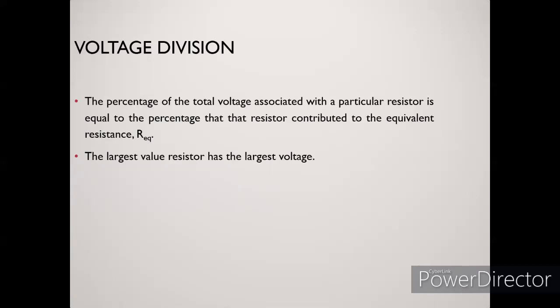Moving on. The percentage of the total voltage associated with a particular resistor is equal to the percentage that resistor contributes to the equivalent resistance. The largest value resistor has the largest voltage.